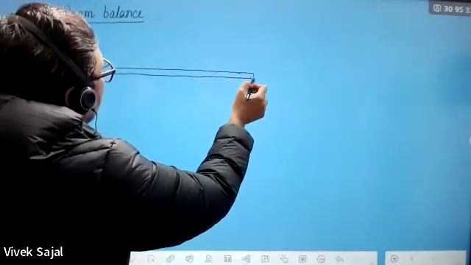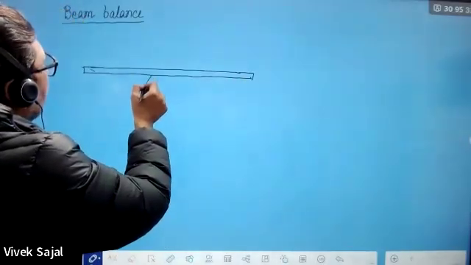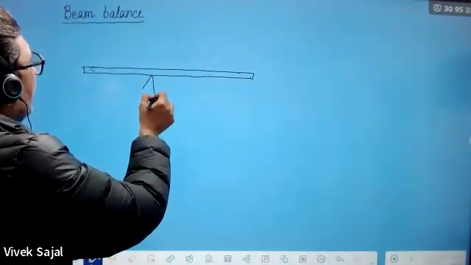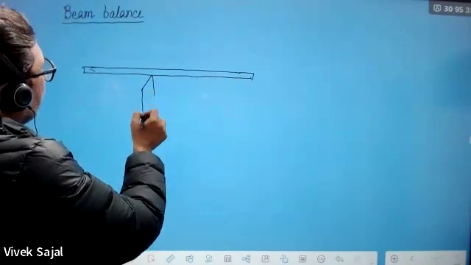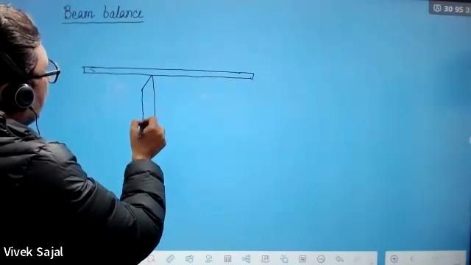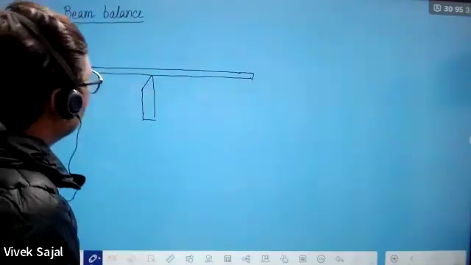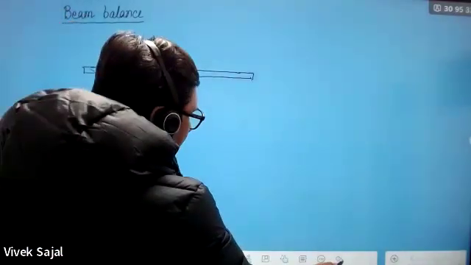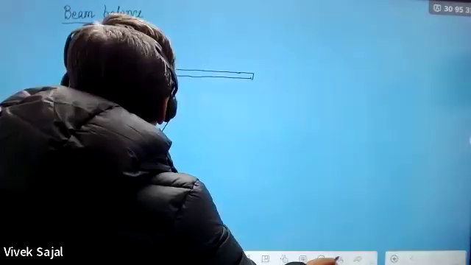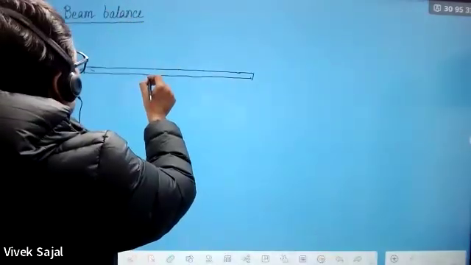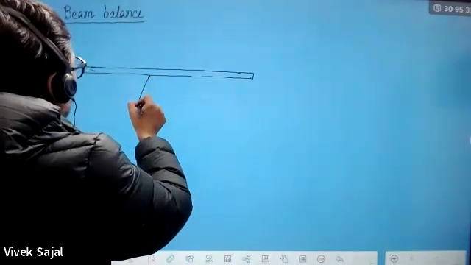This is a beam here and it is pivoted here, suppose. So this beam is pivoted like this here. ठीक है. It will be so. So beam is pivoted like this.